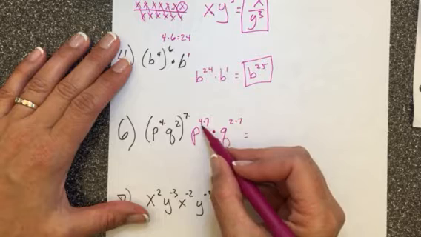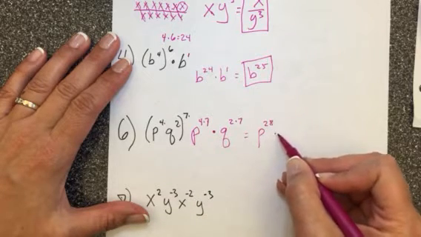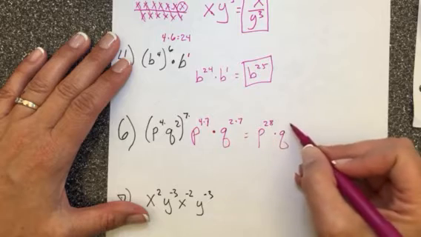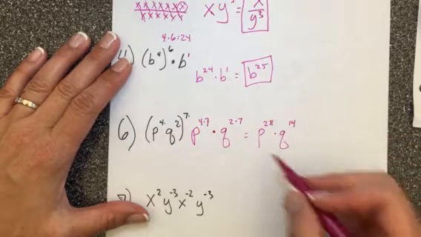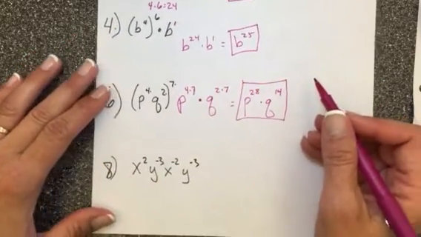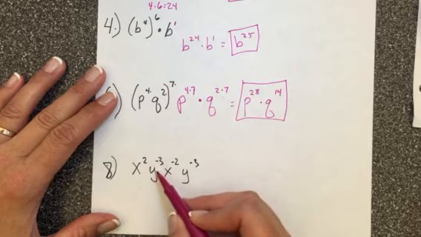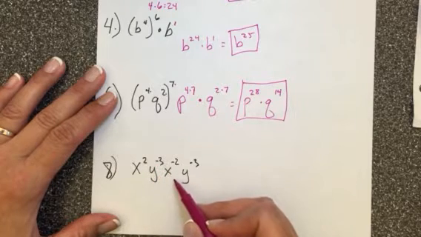So simplified, that is p to the 28 times q to the 14. Box my answer.